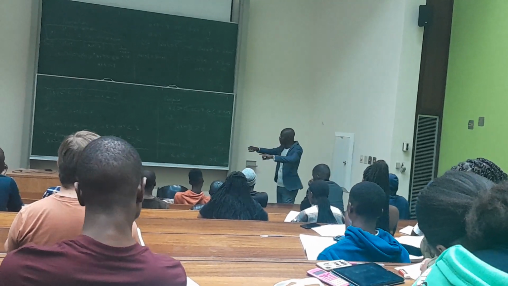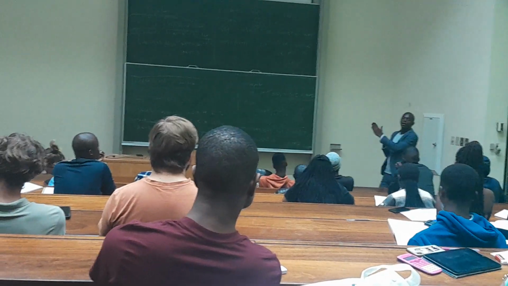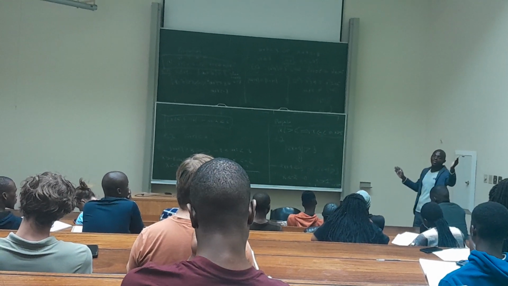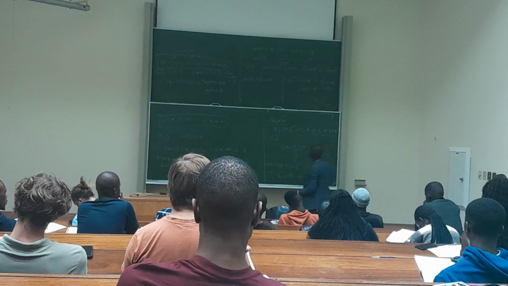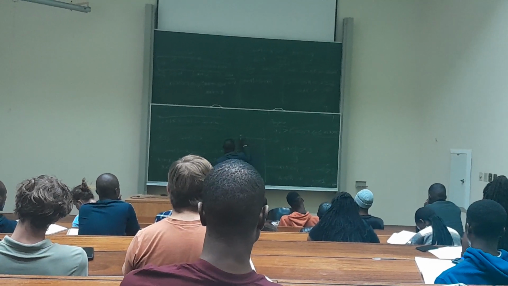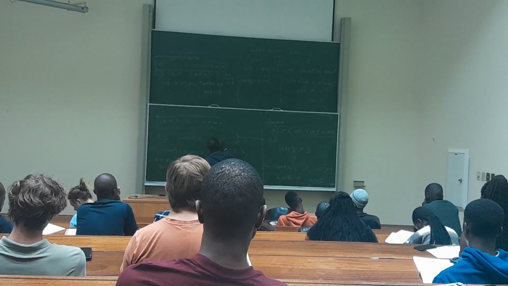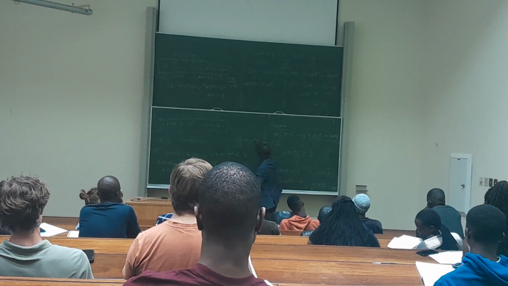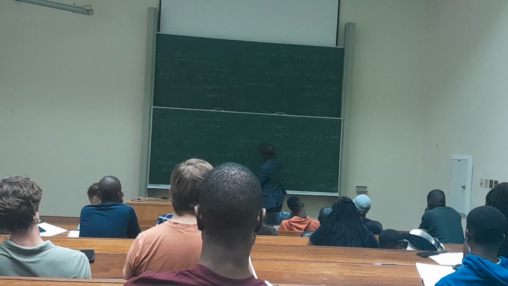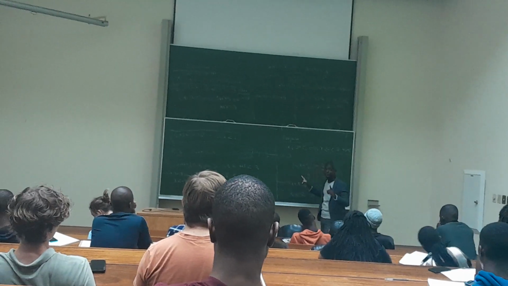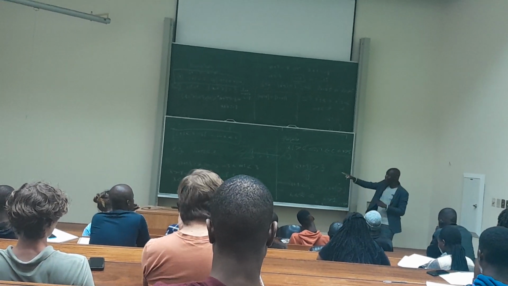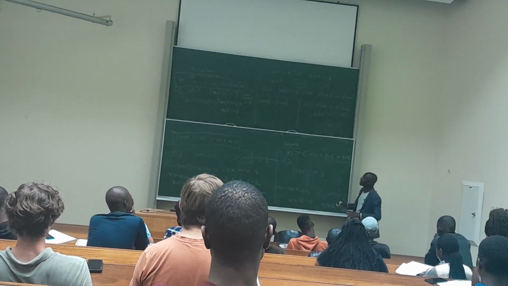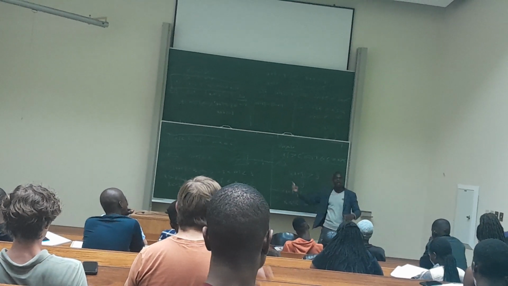You draw the line, and then you have 0, minus 2, this side, less, and then you have 1, this side. It's not both. It's either this or this. The solution is either this or this. So this is how you can represent.